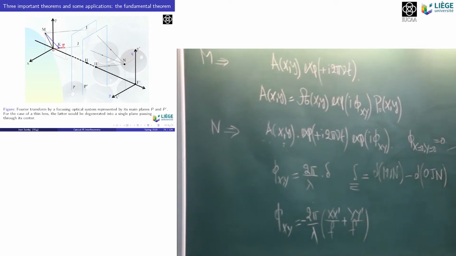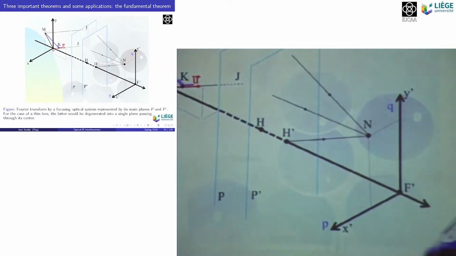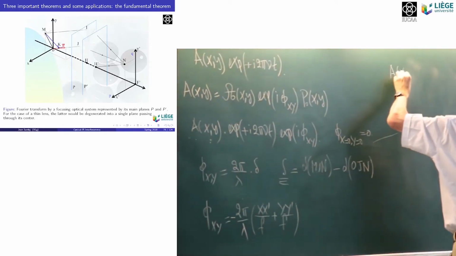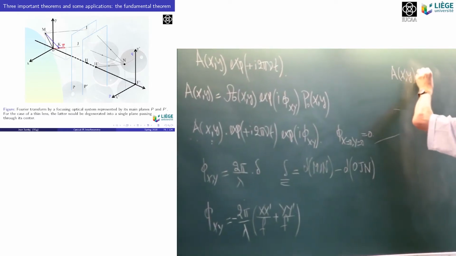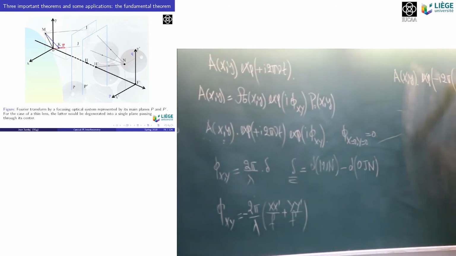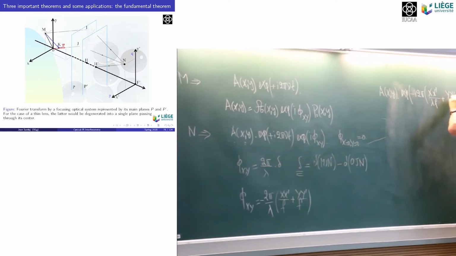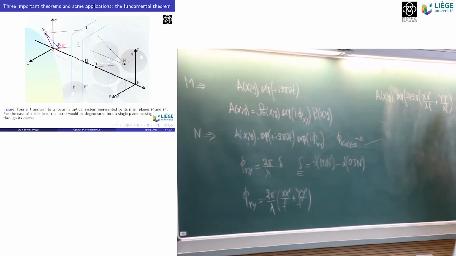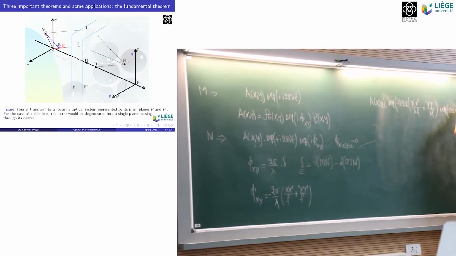So finally, I find that the contribution to the amplitude of the electric field here due to the point N is equal to a(x,y) multiplied by the exponential of minus 2 pi i multiplied by (x prime over lambda f plus y prime over lambda f), multiplied by the exponential of i 2 pi nu t.